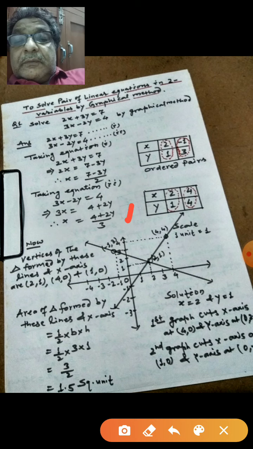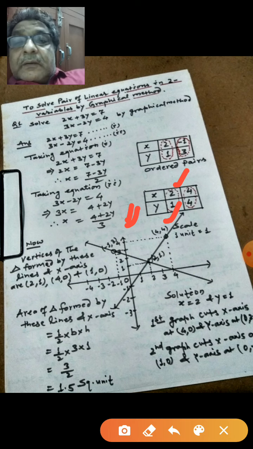So if we take y equal to 1 again, then it will be 4 plus 2 times 1, that is 4 plus 2, 6 by 3, that is equal to 2. So putting y equal to 1, we get x equal to 2. This is one pair.